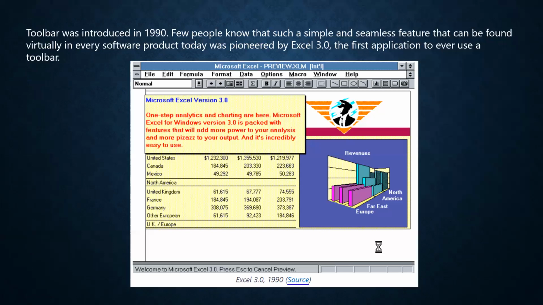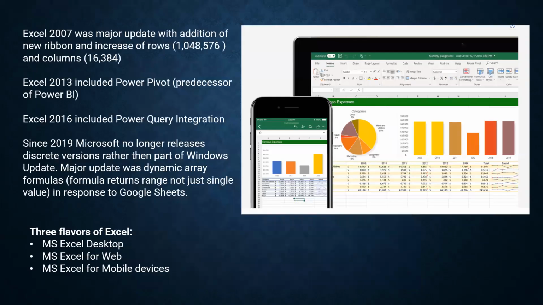In 2007, there was a major update with the introduction of the ribbon as an alternative to the toolbar, and an increase of rows from 16,000 plus to 1 million plus rows, and the width of the spreadsheet to 16,000 columns.